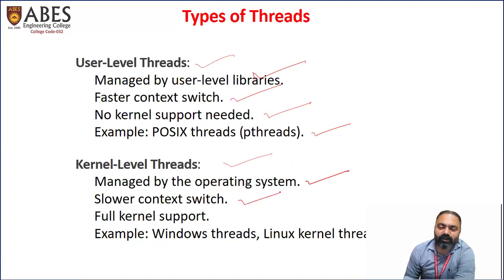Context switch is slower than user level threads. Everything is done with the support of the kernel, whereas no kernel support is needed in user level threads. For example, Windows threads, Linux threads; any operating system process and sub-processes can be considered as kernel level threads.